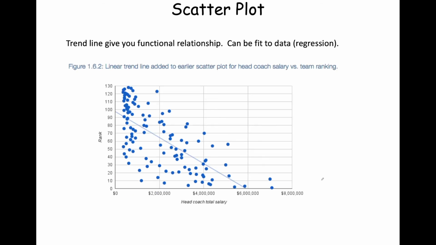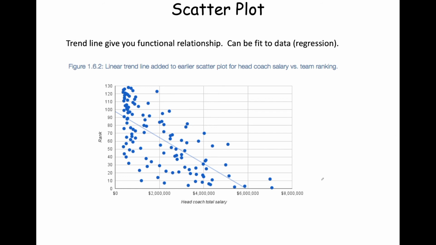Okay, so now what we can do is take scatter plots and draw a trend line using something called regression, and we'll cover that during the semester, and use the slope of that trend line to describe to us the relationship between the two variables represented by the vertical and the horizontal axis.